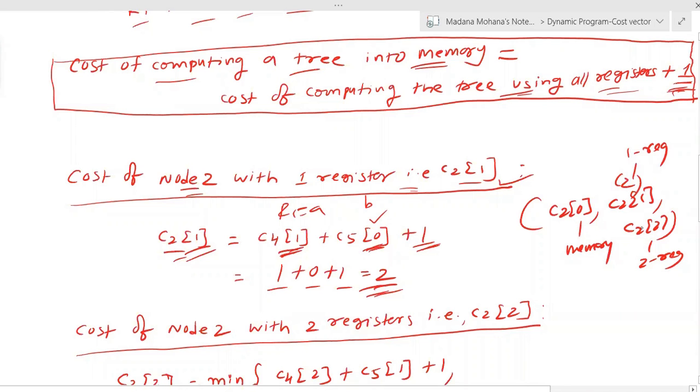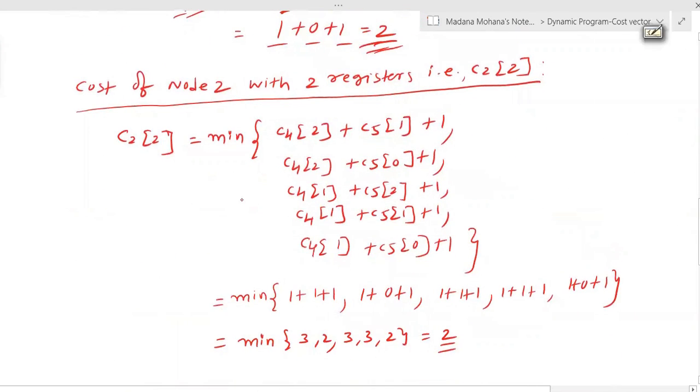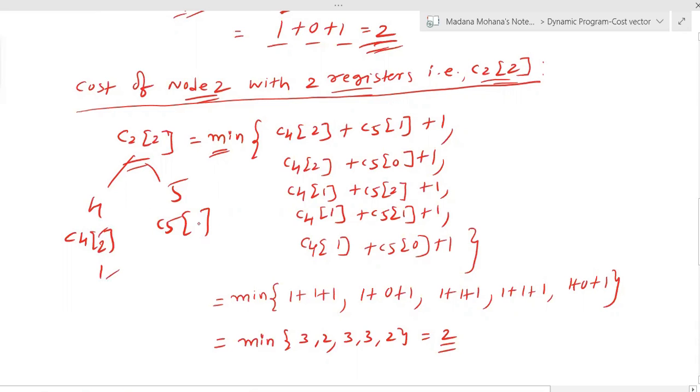Then similarly with two register combinations, here various possibilities we have to consider. Node 2 with 2 registers cost, that is C2 of 2, can be obtained by taking all possibilities of its children by using minimum of. So minimum of what you are having for C2 of 2, we are having 4 and 5, that is C4, then C5. C4 we have to take the combinations. So 2 1 combination, that is 2 registers 1 register.